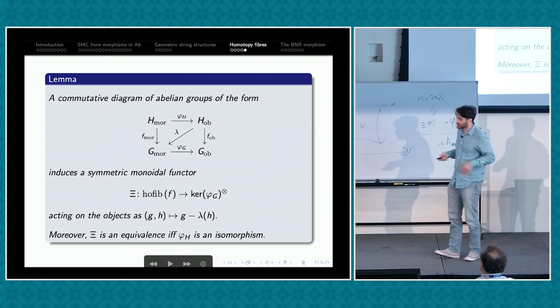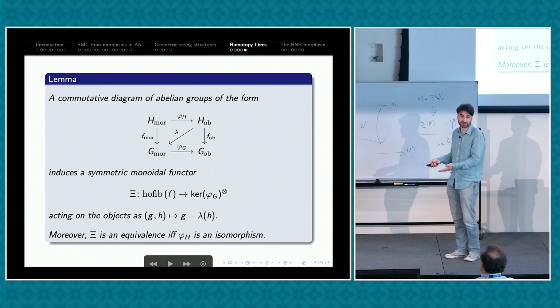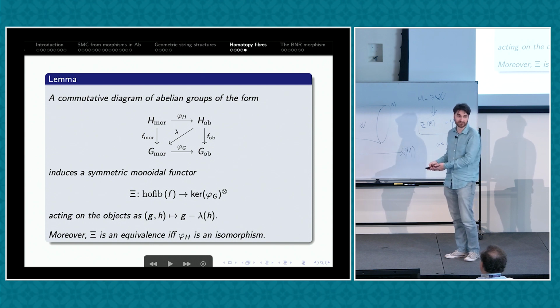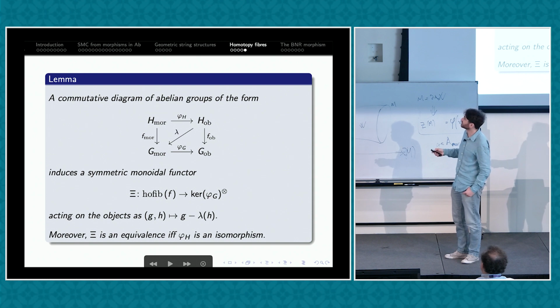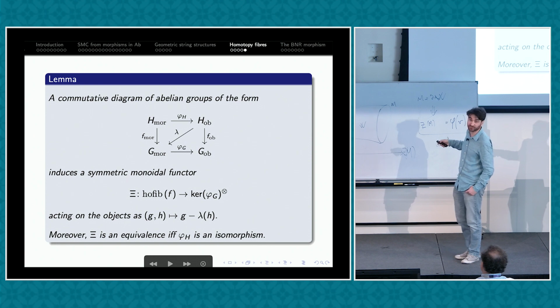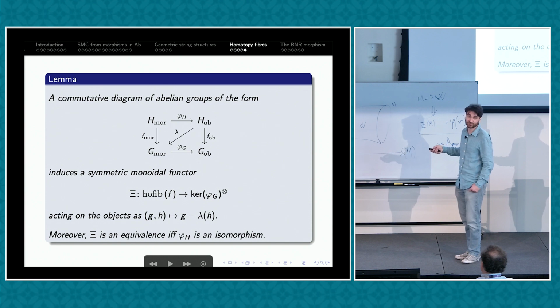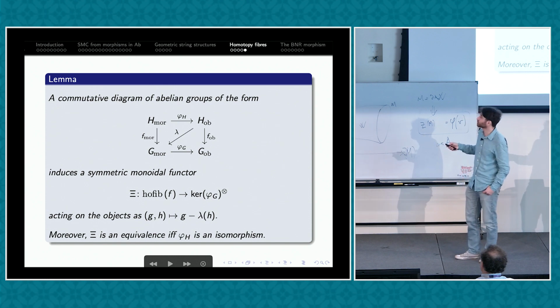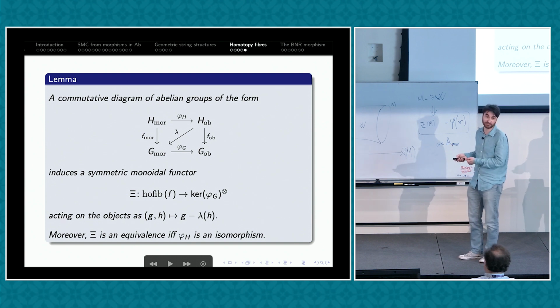This can be shown either completely explicitly using the formulas I had on the slide before, or more nicely by thinking that this is a chain complex, this is a chain complex, and then it is natural to think of a map going backwards like this. This is just a homotopy between the chain map that you have here and 0. So you are just saying that if your morphism of chain complexes is null homotopic, something nice happens.